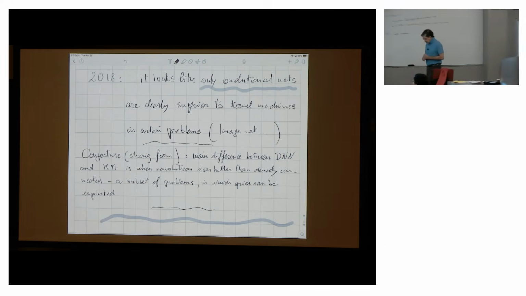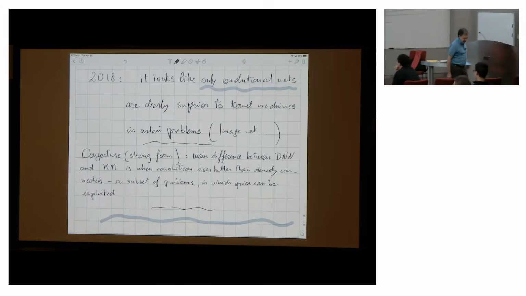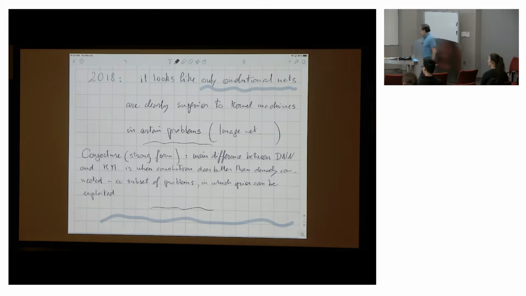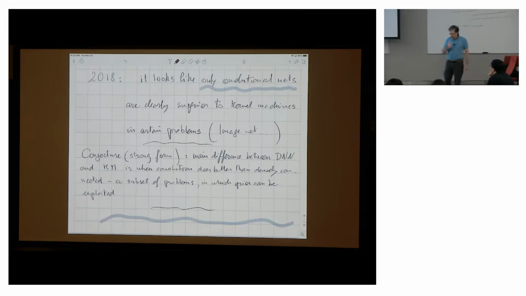This is the conjecture, kind of blue sky conjecture, so take it as possible, but possibly quite wrong, which is that the main reason why deep networks are better than, say, kernel machines is that they are better in problems in which you can exploit this advantage, the fact that they don't have a curse of dimensionality. And those are the problems in which convolutional networks do well.